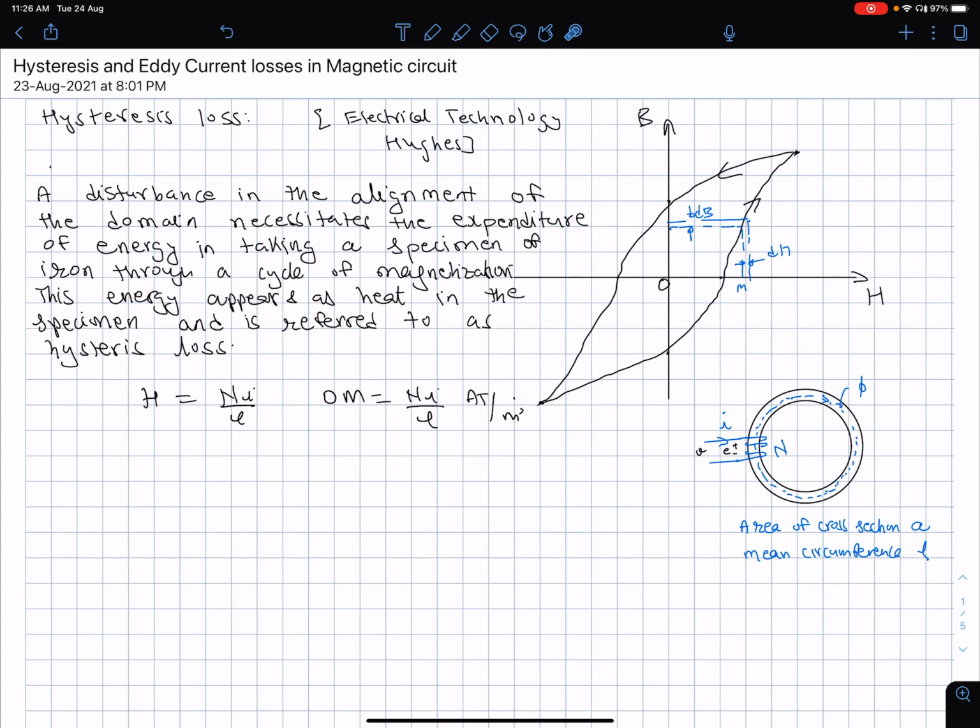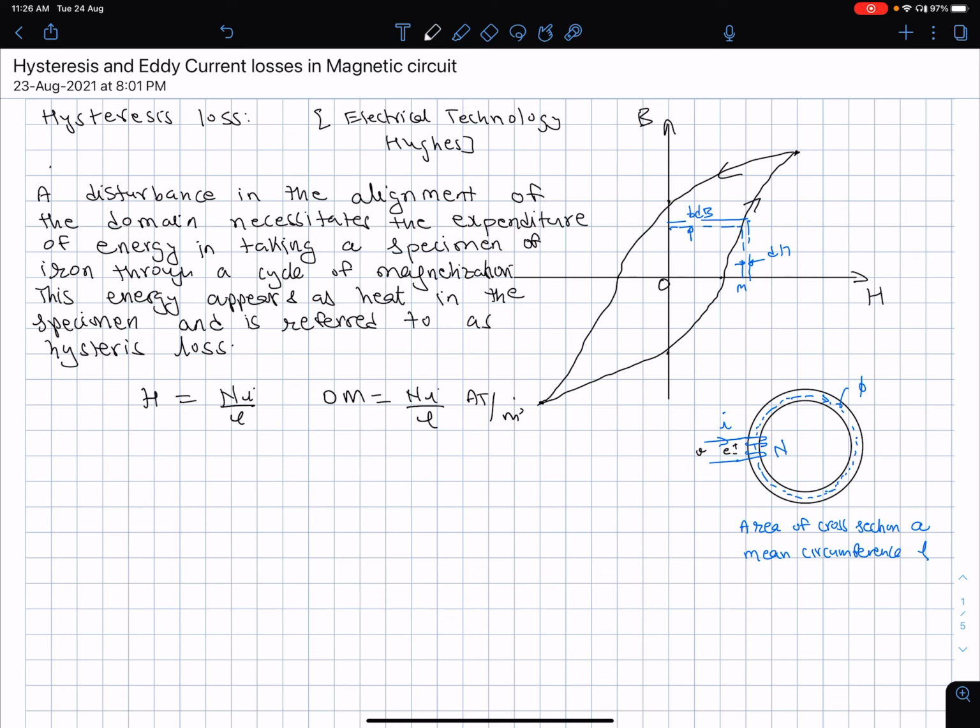And now let's say that the current in the coil increments by a small di. So the H increments by a small dH, and consequently the B increments by a small dB.